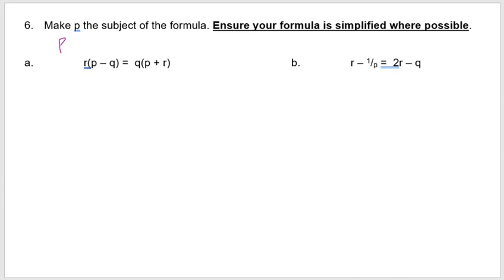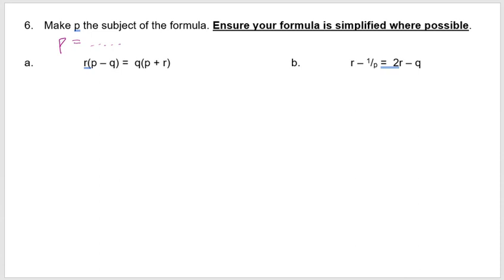So what this requires us to do is have P on its own and everything not involving P on the right hand side. You cannot have your subject on the other side of the formula. The idea behind this is if we're using a formula to solve P, in knowing what all the other letters are representing in values, you can't work out P if the steps involving the working out process require you to know what P is.